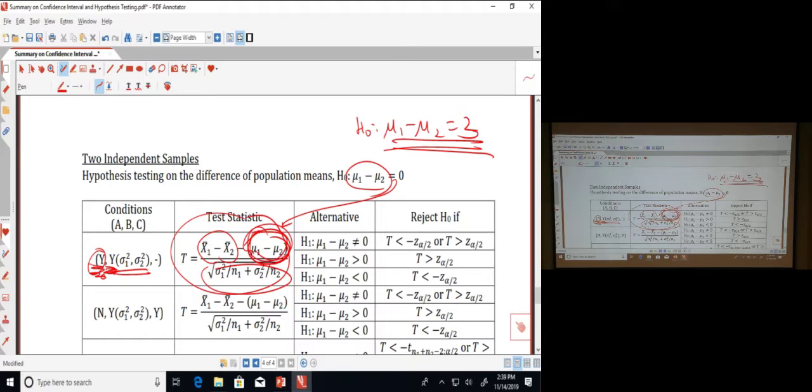So this will be replaced by 3. Your test statistic is x1 bar minus x2 bar, you see the difference, compare with 3, and see whether it's big or not. But you have to adjust by the standard error. Okay, so just proceed.